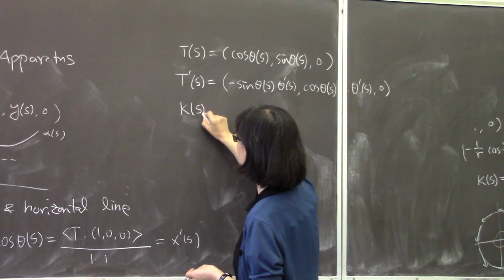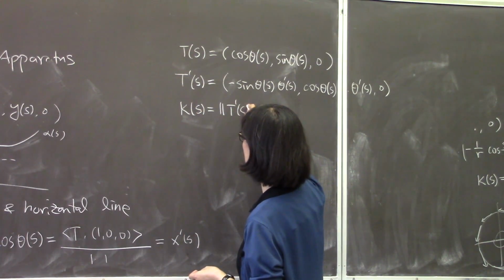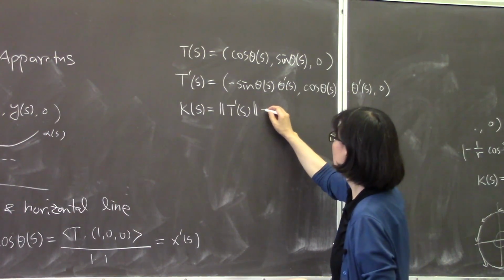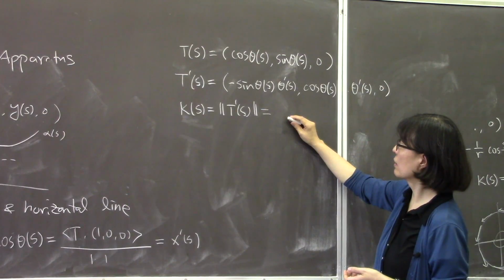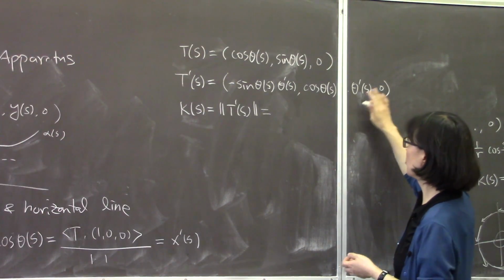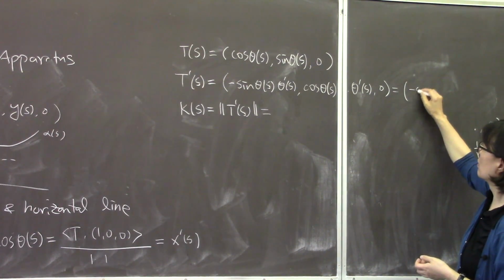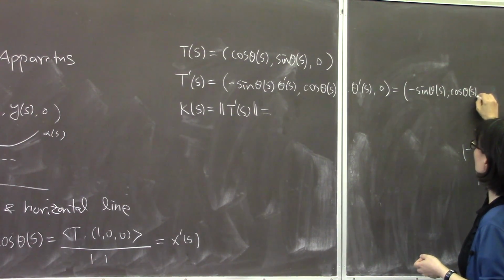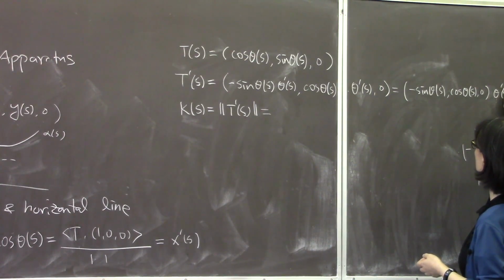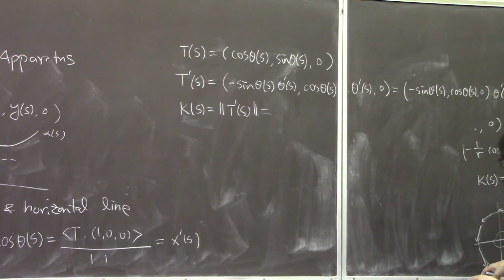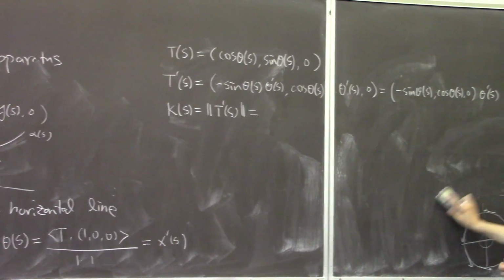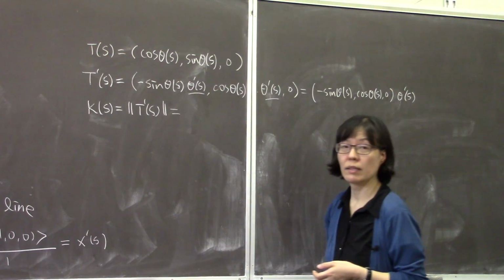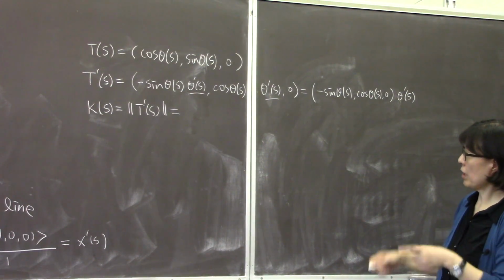And now curvature is the magnitude of this, by definition. So we take out theta prime s outside, and apply the magnitude.